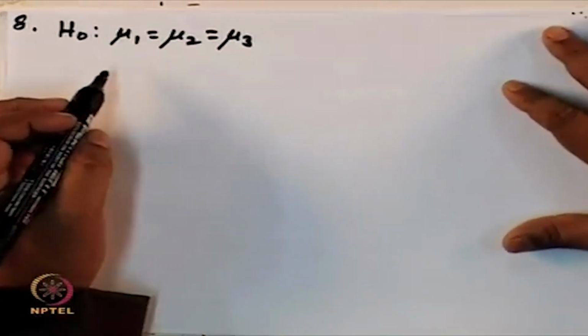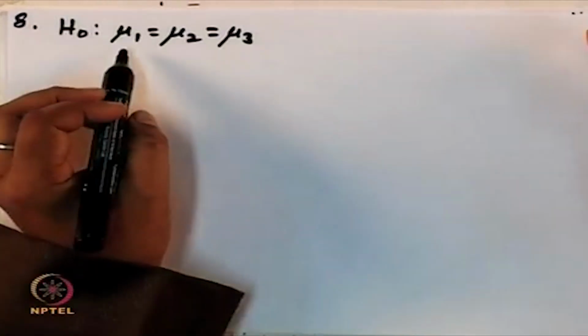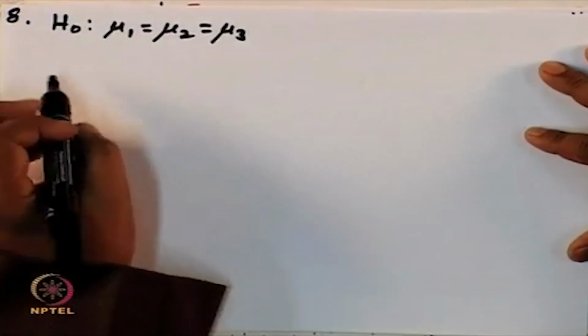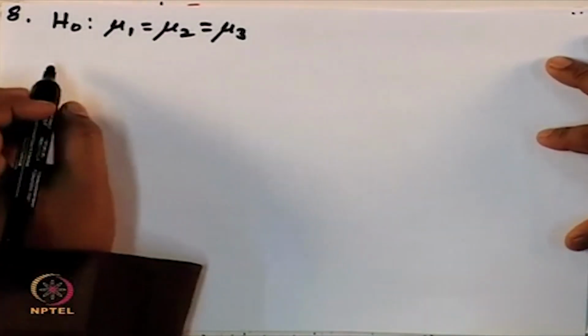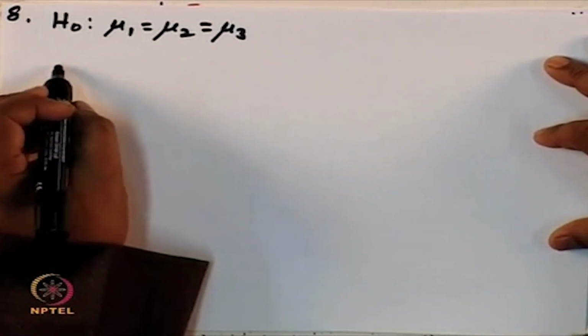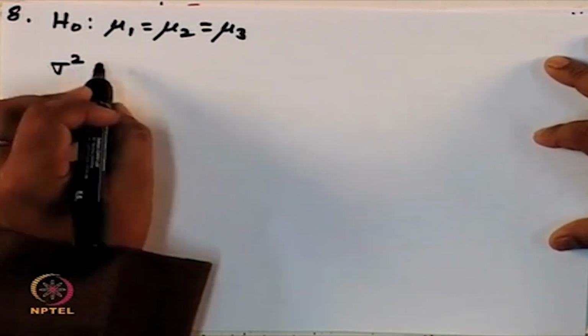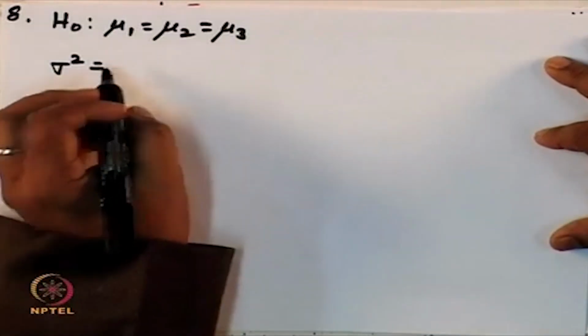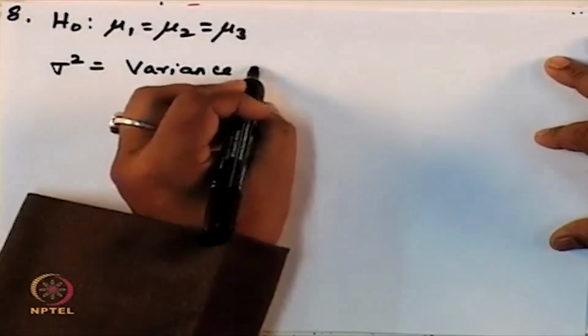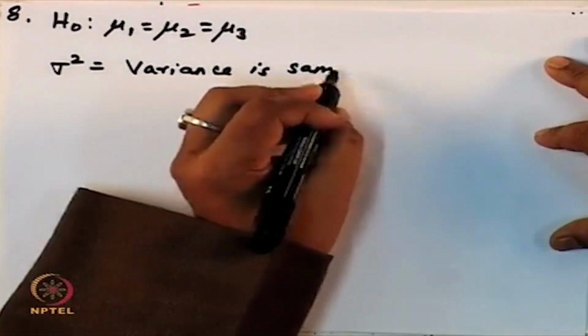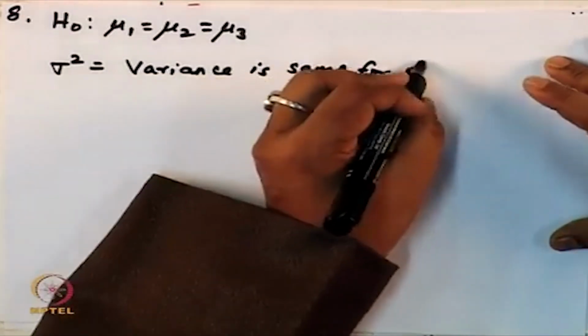You have 3 conditions, and you assume that there is no difference of nutrition on attention span. For this you have to compute some test. The inherent assumption is that sigma square, the variance, is the same for all k populations.